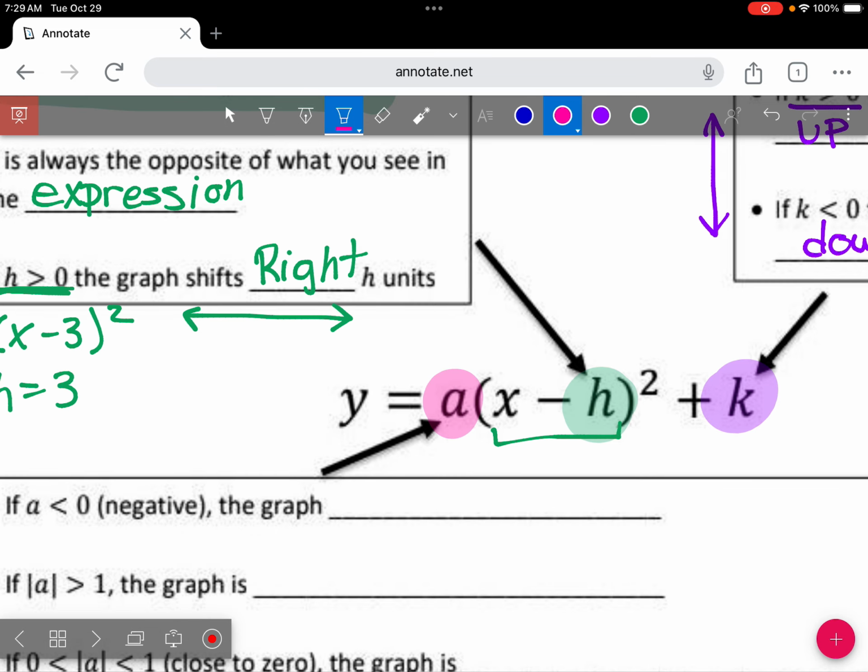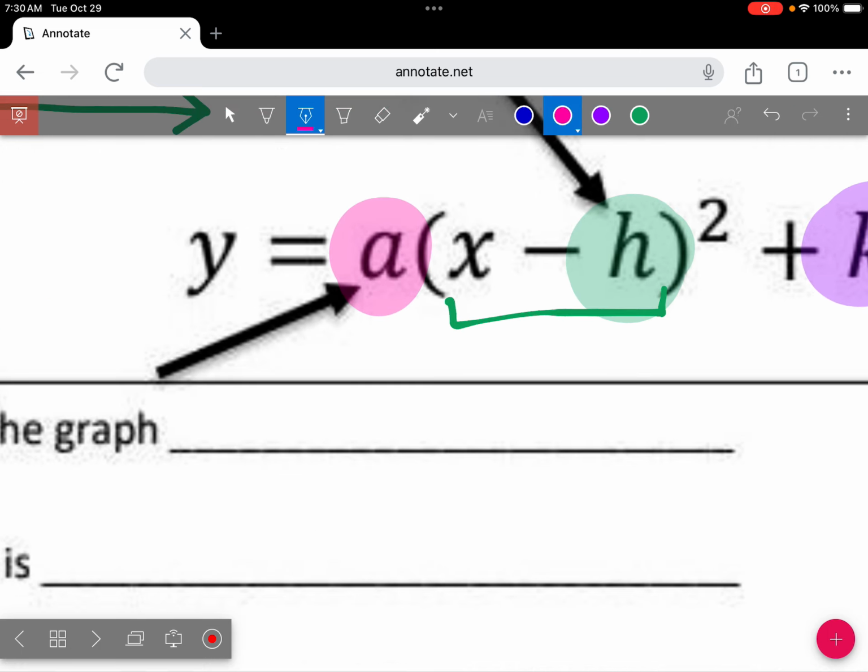So A, our guy multiplied out in front. So if A is negative, so if I have a negative number out front, what does that do? Do you remember? That's when it flips upside down. It takes it and reflects it across our x-axis.